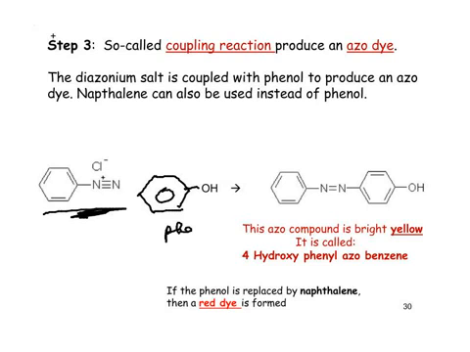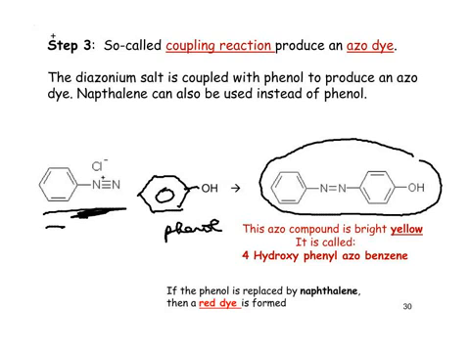And this is phenol. If phenol is reacted with the product of the previous reaction, the so-called benzene diazonium salt, it reacts to form this chemical, which is an azo compound, and it's brightly colored. In fact, in this particular case, it's a yellow dye.